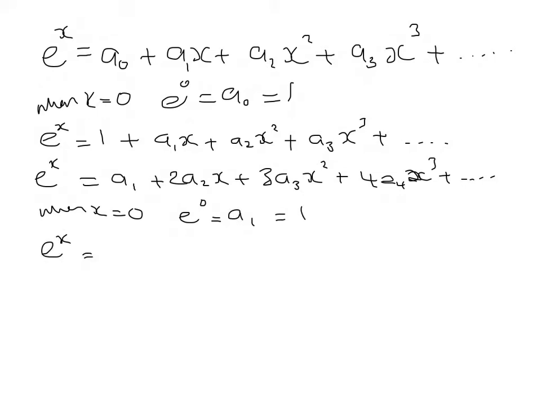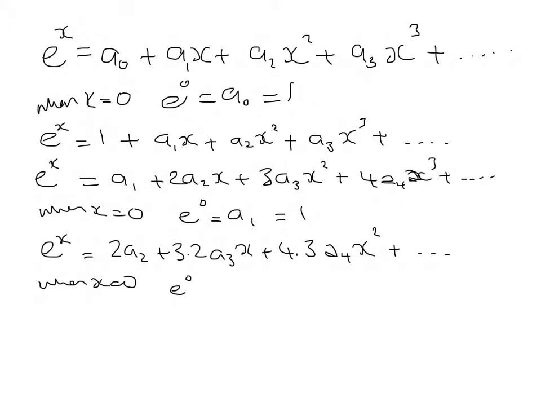e to the x differentiated again is also e to the x. Now we get 2a2 plus 3 times 2 a3x plus 4 times 3 a4 x squared plus and so on. And then when x is 0, e to the 0 would just be 2a2, and that's 1. So that gives us a2 is a half.